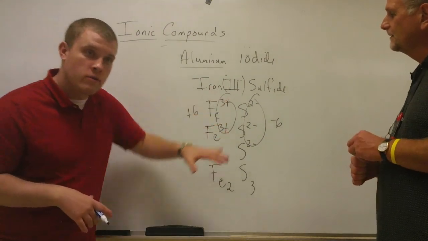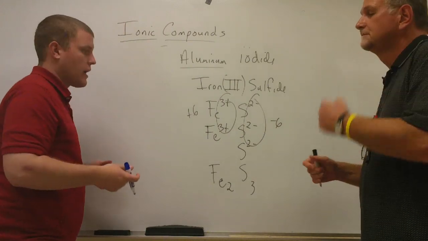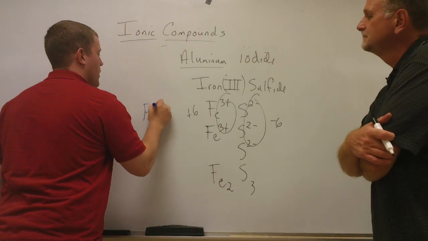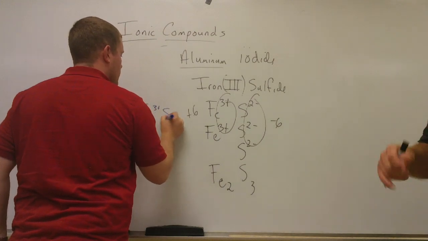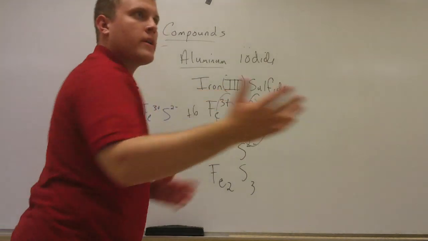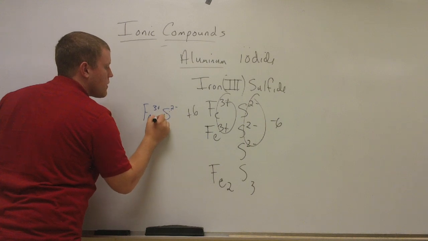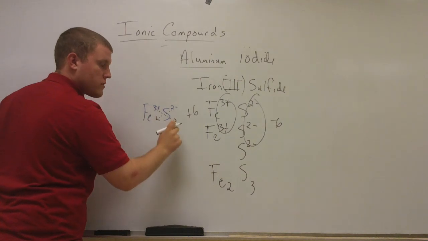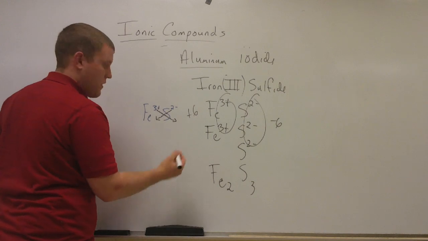If this way is confusing to you, another way that you sometimes teach writing ionic compounds is the crisscross method. So if I have an iron 3+, and then I have a sulfur anion with a 2- charge, you would crisscross the charges, and you write them below.